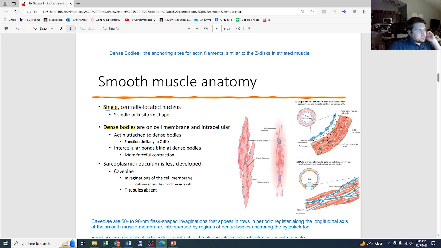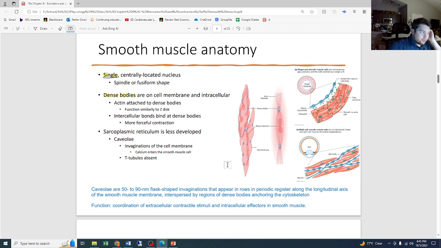That's what these dense bodies, that's what their function is for. So the actin are attached to the dense bodies, like how in the skeletal muscle they're attached to the Z-disc. And we have intercellular bonds bind at the dense bodies in order to have a more forceful contraction.